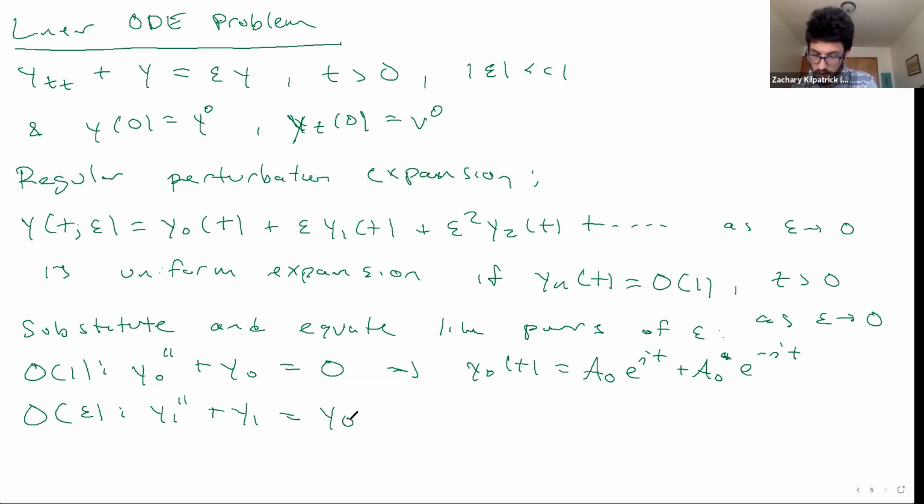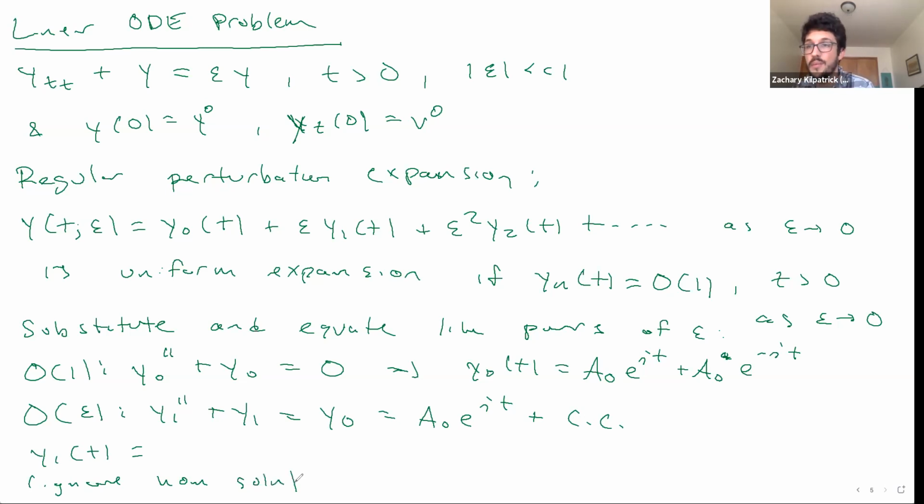Okay, so in this case, right, we know that y0 is equal to A0 e^(it) plus its complex conjugate. So then y1 of t, if we just look for the particular solution, so let's ignore the homogeneous solution.